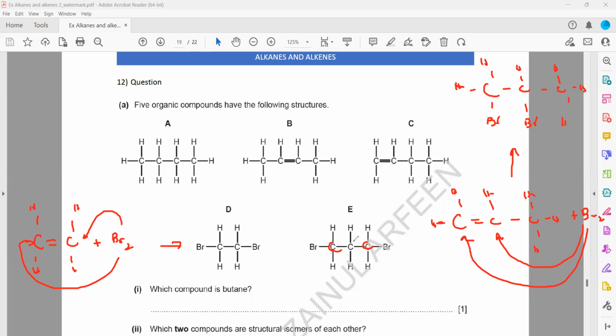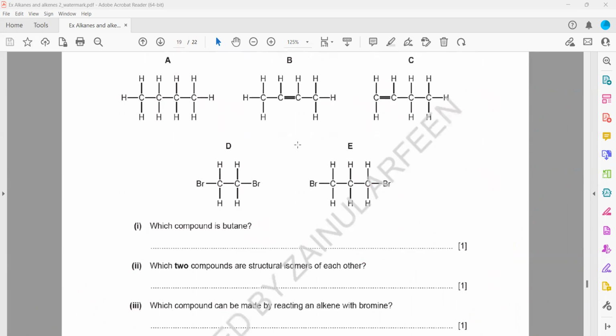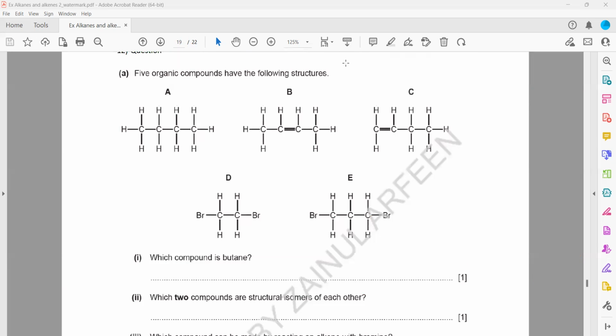It cannot be. It's always the two carbons which are neighbors of each other, which have the double bond, that will always have a bromine added to them. In this case, we were having a double bond here, so the two bromines added to this one. So bromine always adds to two. For example, if this reacted with bromine, what will the structure be?